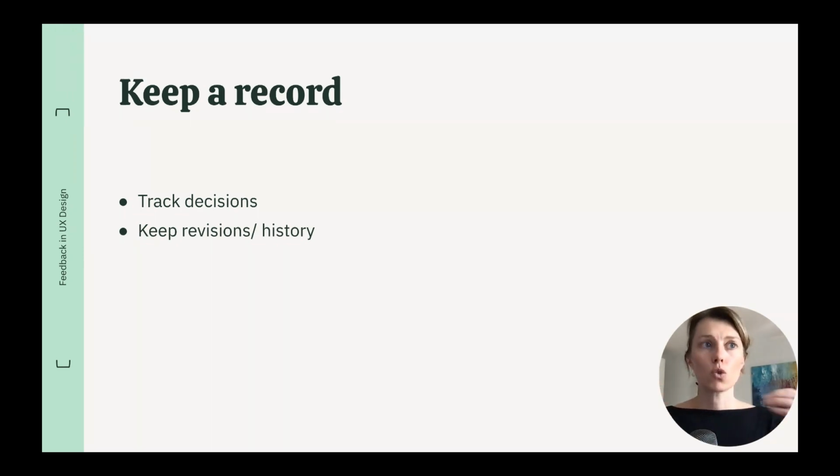And if that happens over and over, it's actually a good idea to have a proper log where you log the decision that you're making, why you're making the decision, and what you're removing or adding, just so you can go back and pull up helpful arguments of, we tried this version and we tested this version, and because it didn't work or didn't perform very well, we all agreed that we would remove a certain aspect.